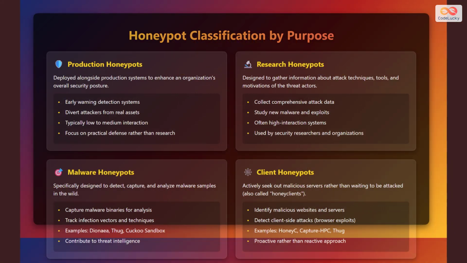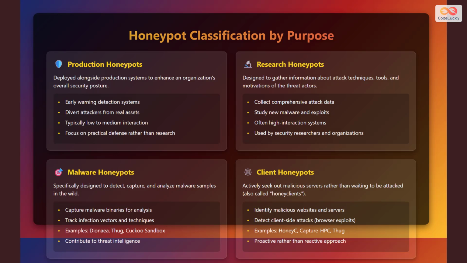Honeypots can also be classified by their purpose. We have production honeypots, which are deployed alongside production systems to enhance an organization's overall security. These honeypots act as early warning detection systems and can divert attackers away from real assets. They're typically low to medium interaction and focus on practical defense rather than in-depth research.